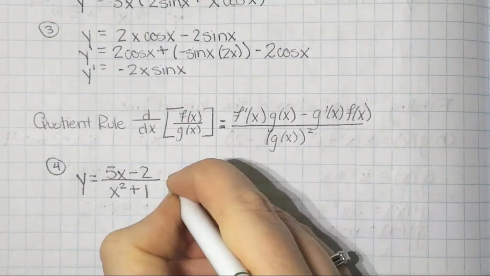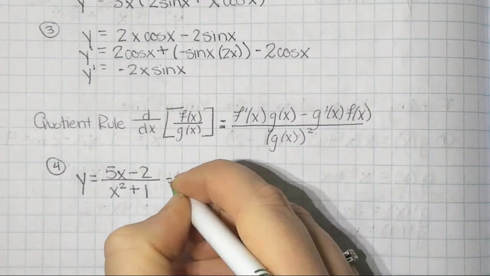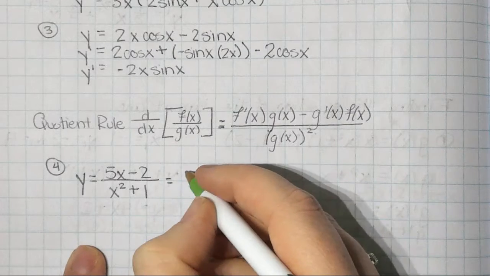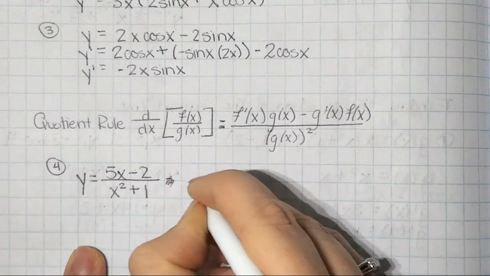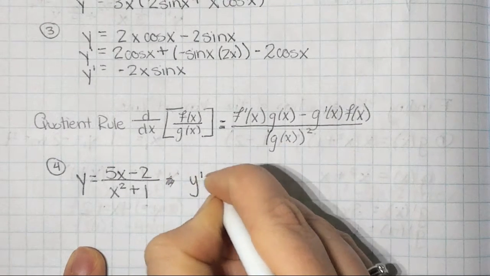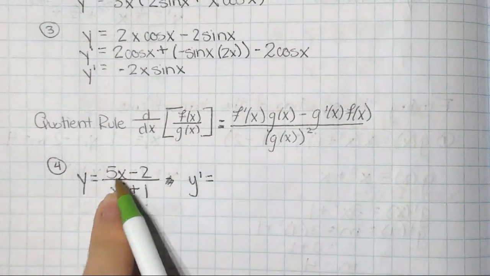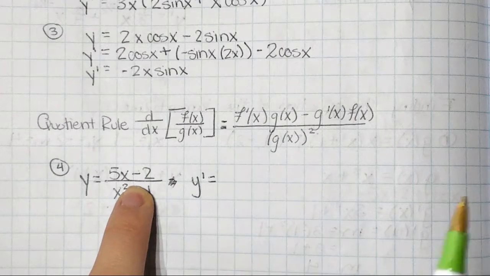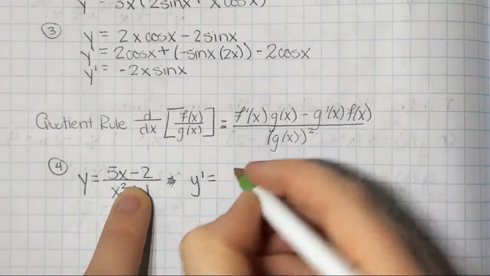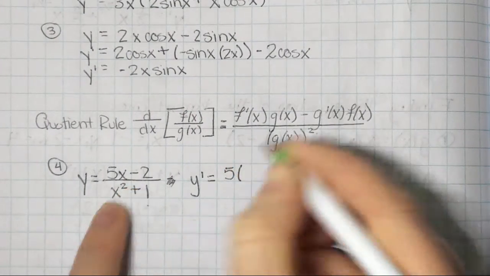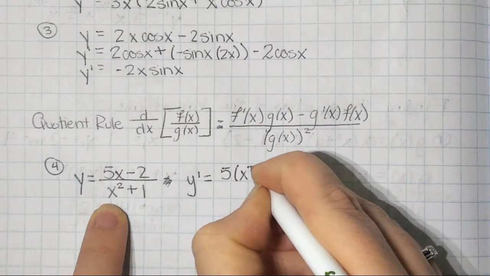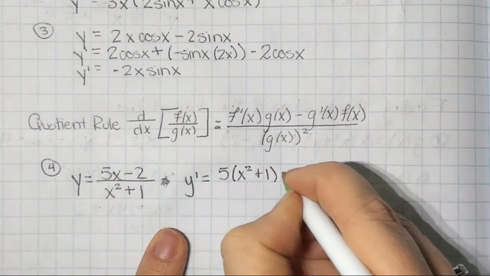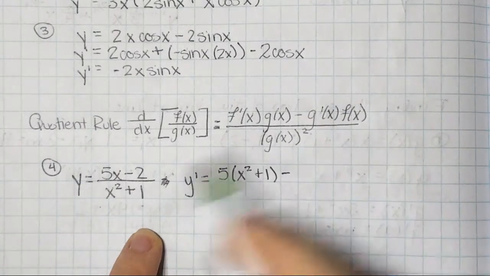So, here we go. If I am going to take the derivative, I'm going to say, don't put an equals there, sorry. y prime is equal to, so let's start this. What is the derivative of your numerator? Use that power rule. Derivative of 5x minus 2 is just 5 times the bottom, which is x squared plus 1, minus the derivative of your bottom.